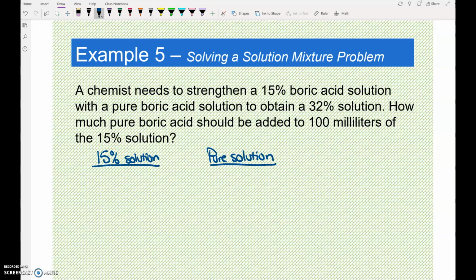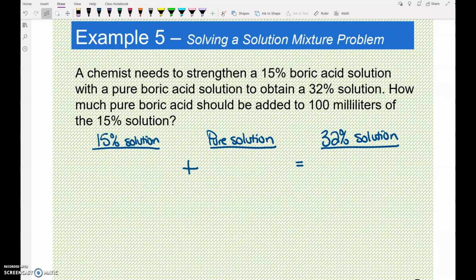We are going to take the 15% solution, add the pure solution to get a 32% solution. The 32% solution is our goal.